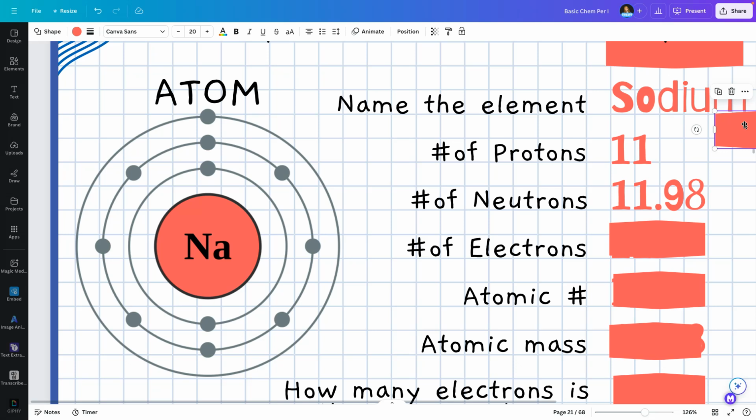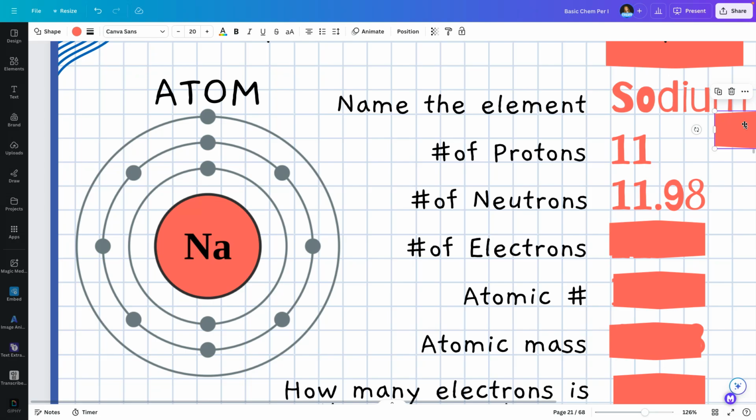Correct. You subtract the atomic mass minus protons. Always remember, yes, protons equal the atomic number, but because I just showed you there's exceptions sometimes, you want to stick to the formula. Neutrons equal atomic mass minus protons, because protons plus neutrons equal atomic mass.